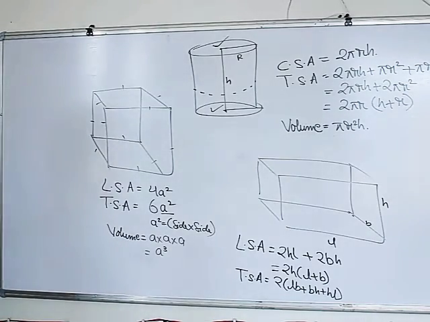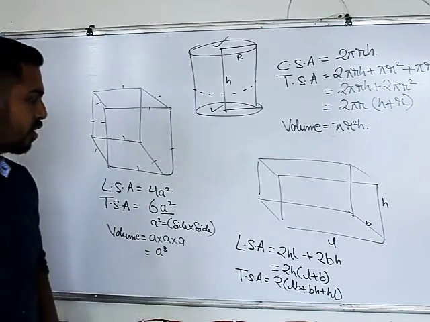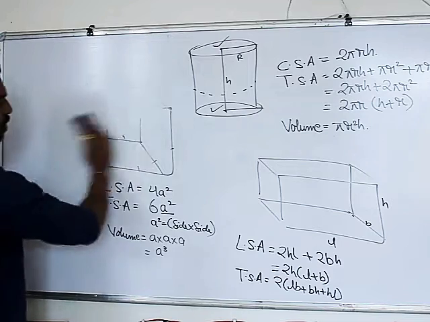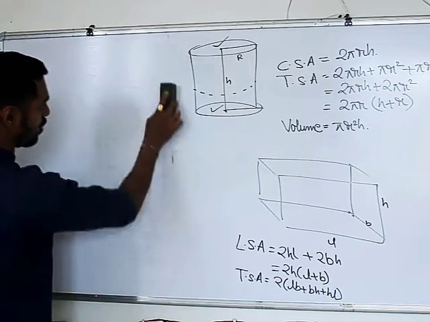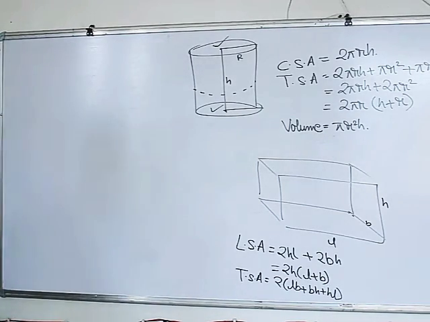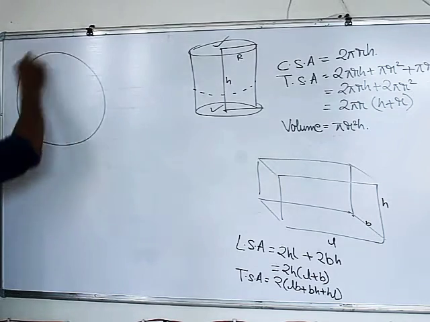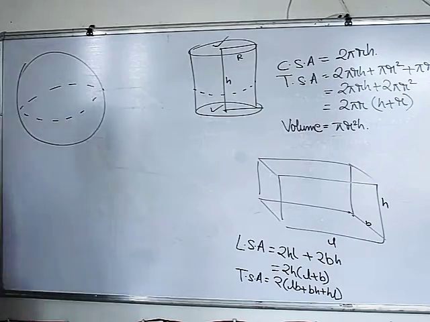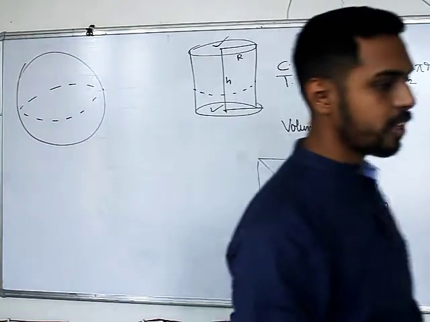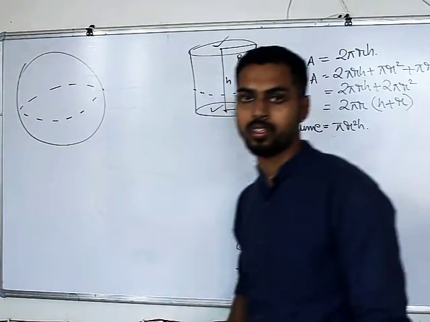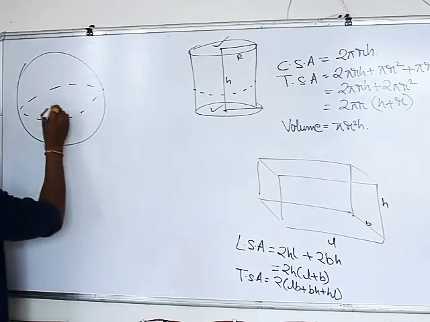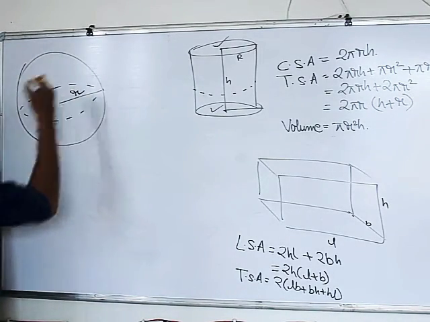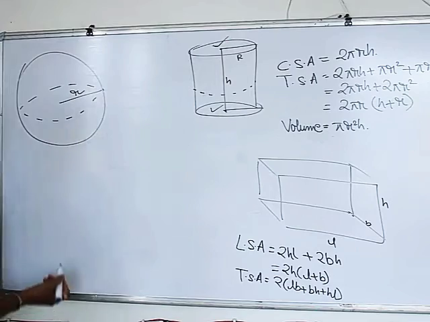Okay. So after it, you can see this shape is called sphere. Actually, sphere is the three-dimensional figure of a circle. Okay? Center to side will be your radius as always. Okay.